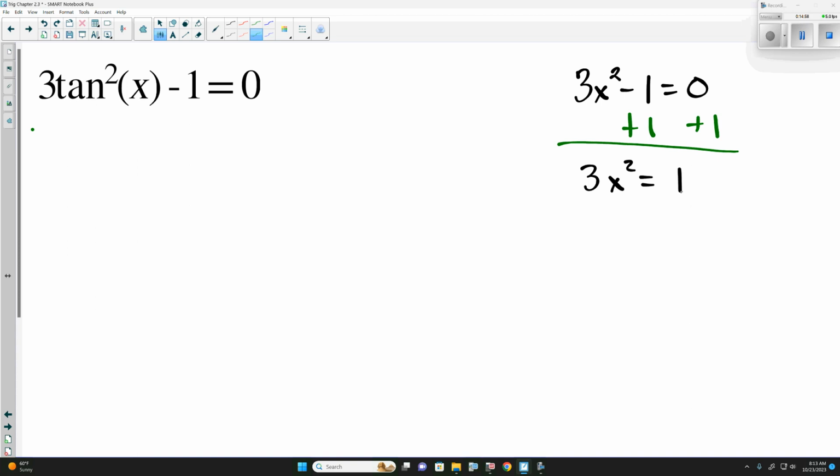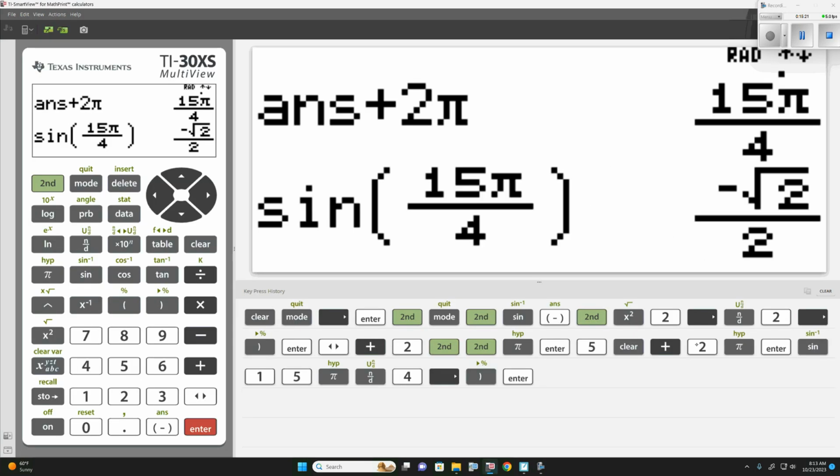Divide both sides by 3, telling me x squared is equal to 1/3. Then to get x by itself, I would take the square root of both sides, telling me x is equal to plus or minus square root of 1/3.